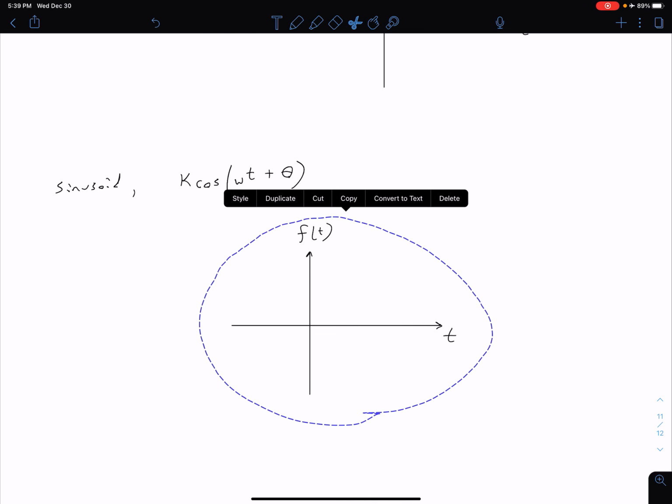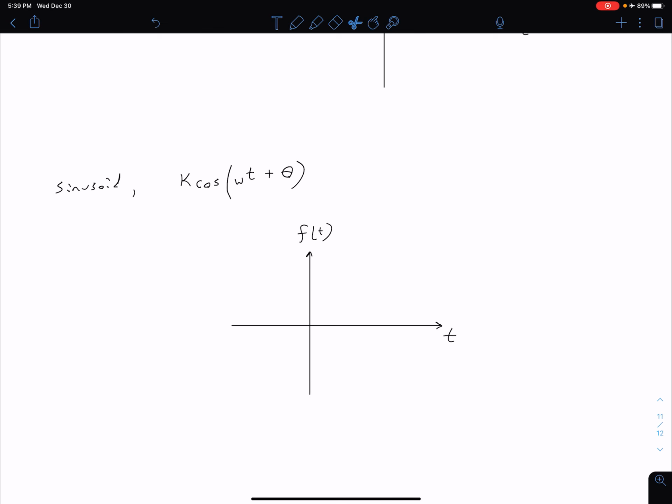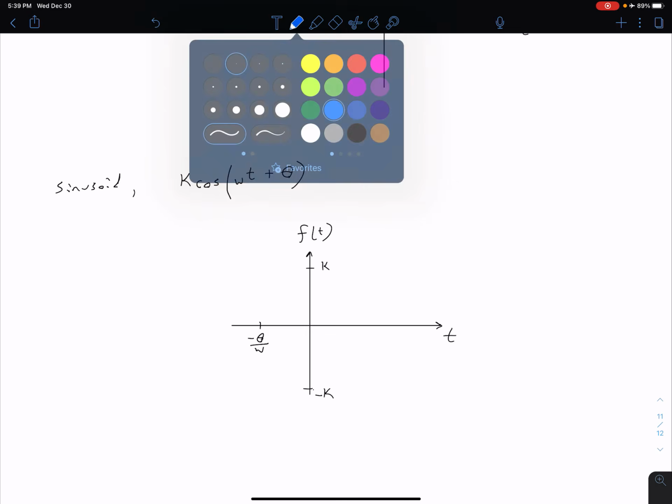What that's going to look like, we've shifted this by theta. So we're going to have our peak now instead of at the origin. Switch back to this. Instead of at the origin, we're going to have a peak at negative theta over omega. That's just the value of t that makes this argument equal to 0. Then of course we're going to have high and low values of k and negative k respectively, and we'll just have a sinusoid.